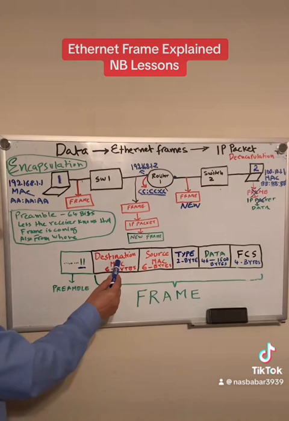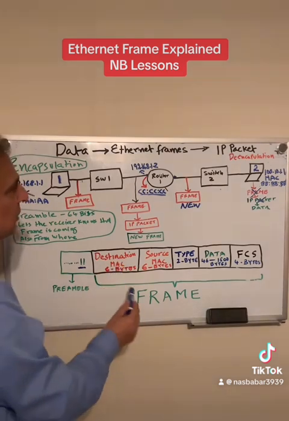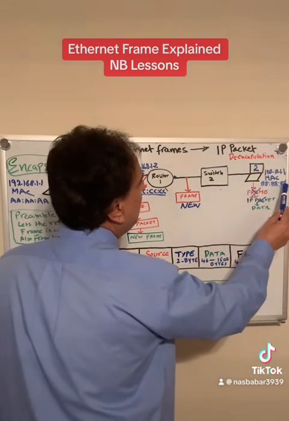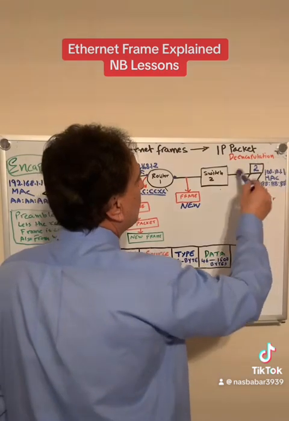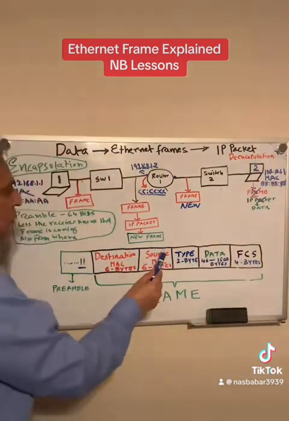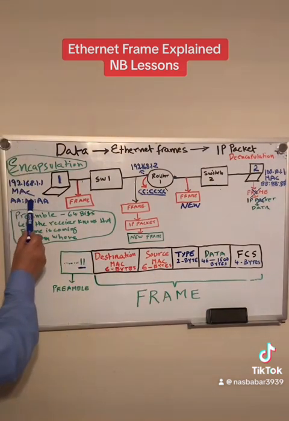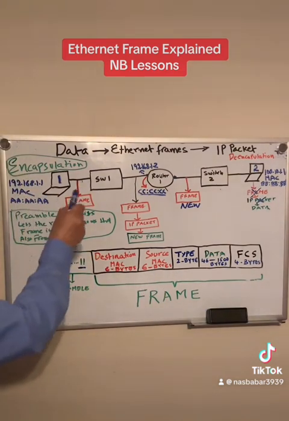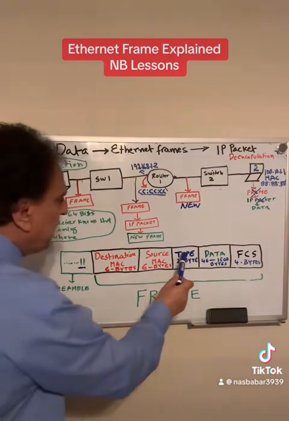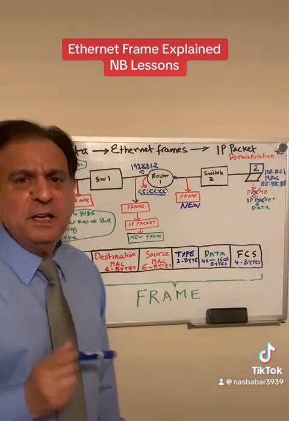Destination MAC address, pretty clear. In this particular case, it's going to be BB, which is the MAC address of laptop number 2. Source MAC address is 6 bytes, which is pretty clear. It's going to be AA, which is the MAC address of laptop 1. Type field is 2 bytes.